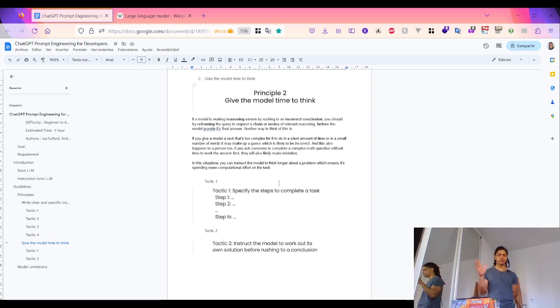The TLDR of this, give the model time to think, is that if you're getting incorrect conclusions from your model, you should try to reframe the query to a chain or series of relevant reasoning before the model provides its final answer.